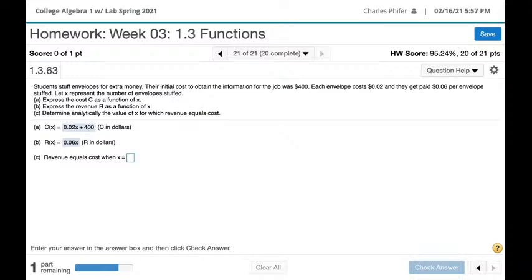The revenue function we got was 0.06x. We're going to set that equal to 0.02x plus 400.